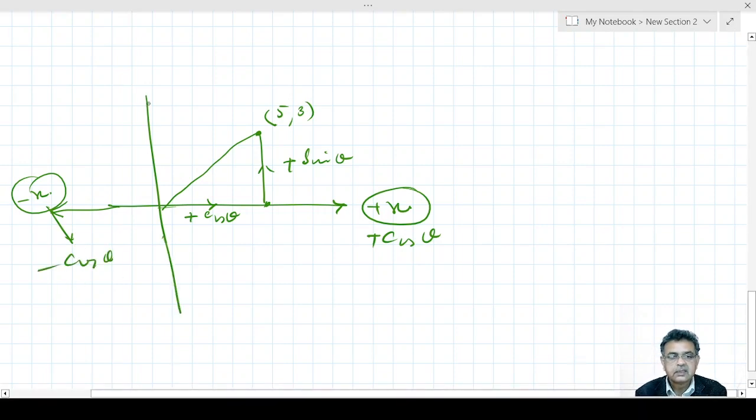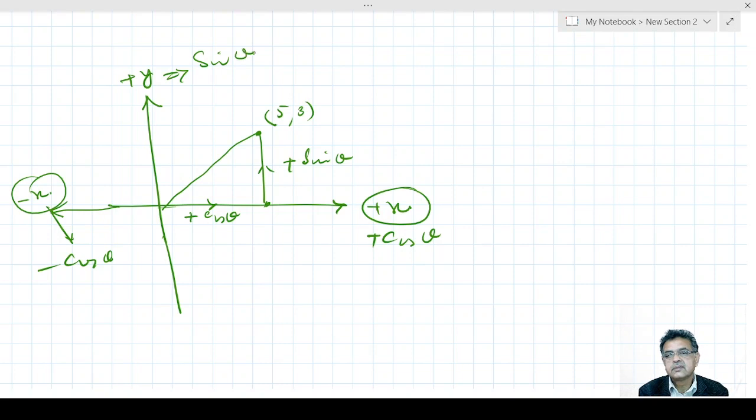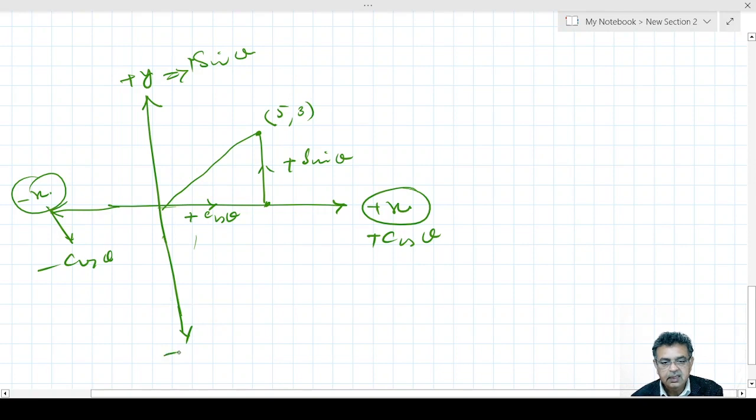If a point is towards positive y, that means sin theta is positive. If a point is towards negative y, that means sin theta is negative.